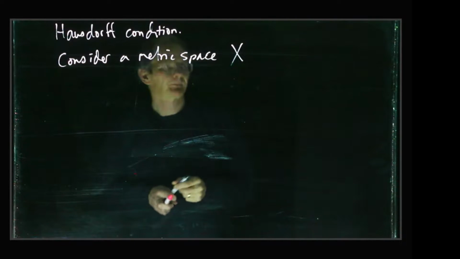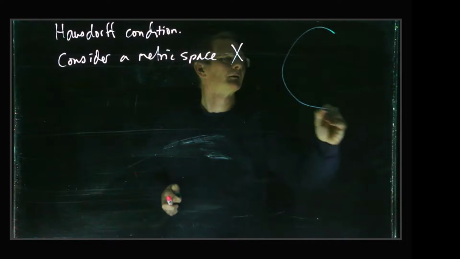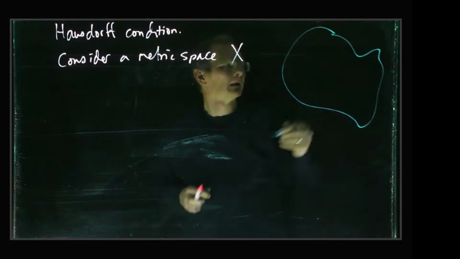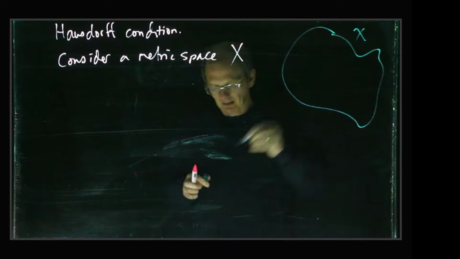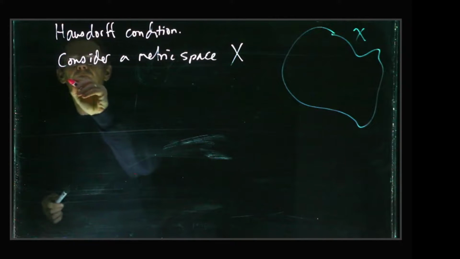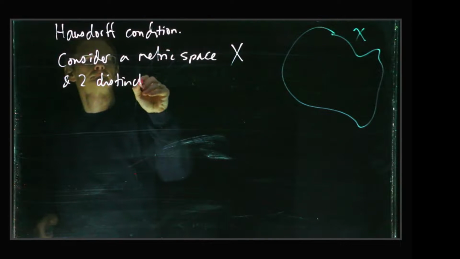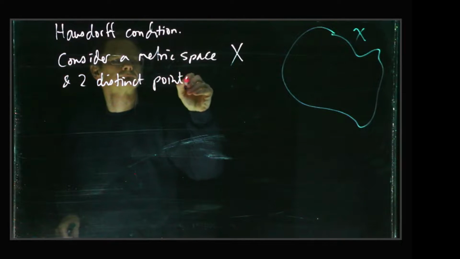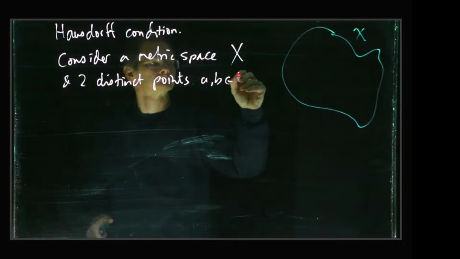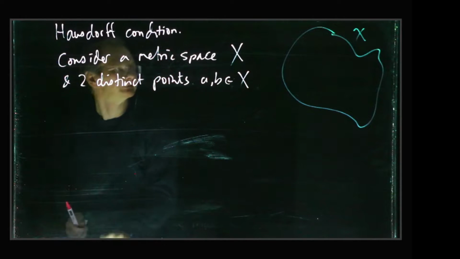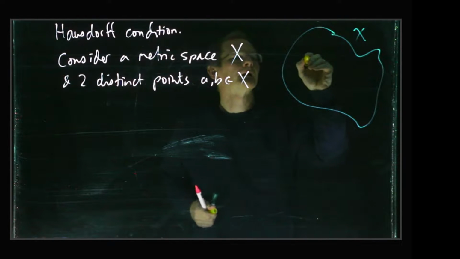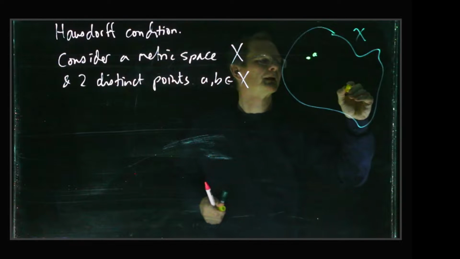There's a metric space X, so this is going to be our metric space, and two distinct points. Maybe here's A and here's B.